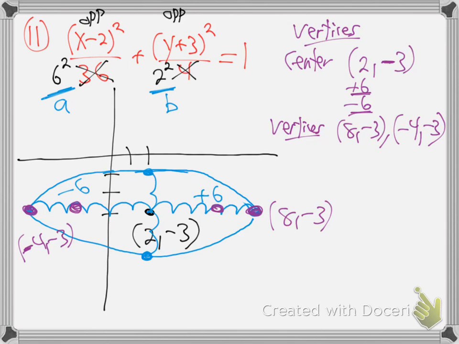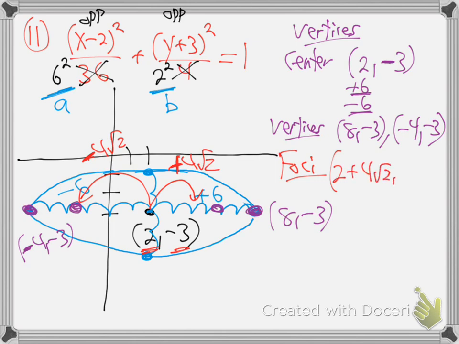That means right 4 root 2 and left 4 root 2 to the focus points from the center. So how do you do that? We just take the center, which is (2, -3), and you go 2 plus 4 root 2, -3, and 2 minus 4 root 2, -3.